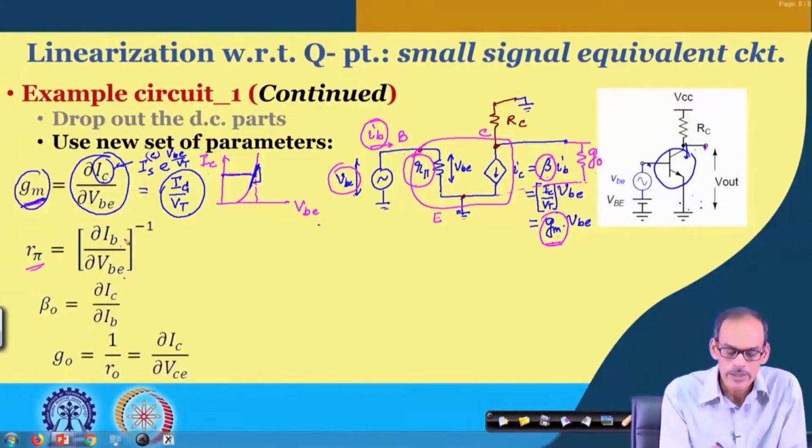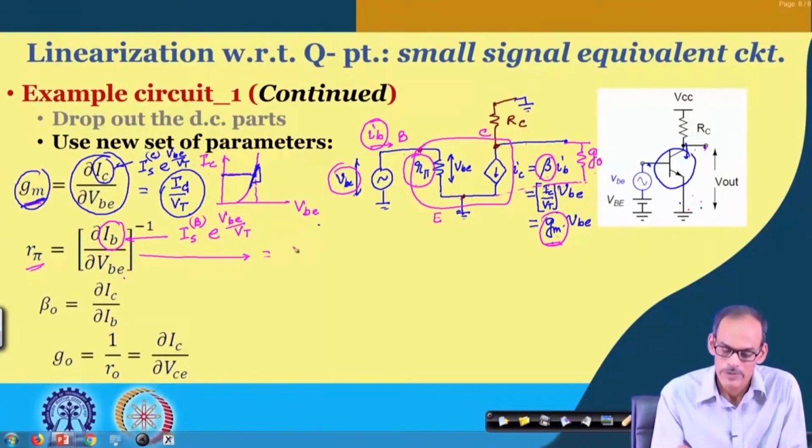And again, if you use the expression of this IB in the form of IS/beta, e to the power VBE by VT, then the derivative becomes IB divided by VT.